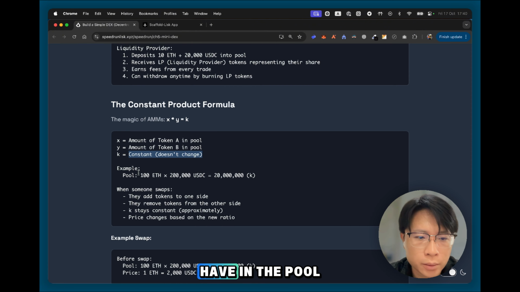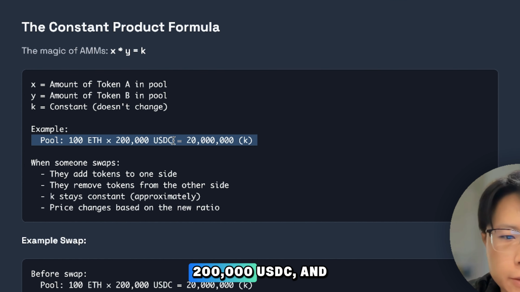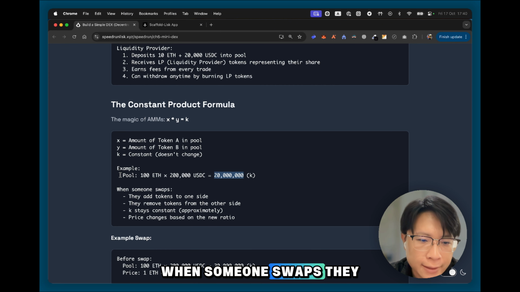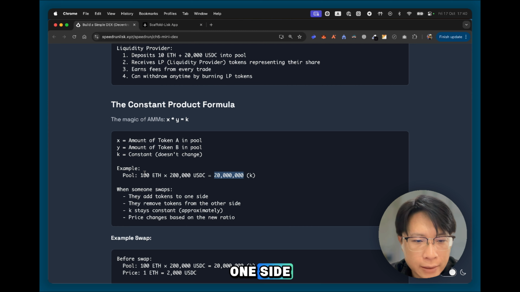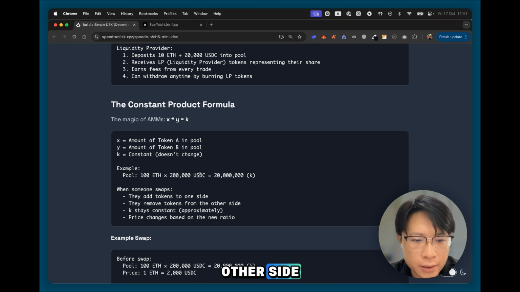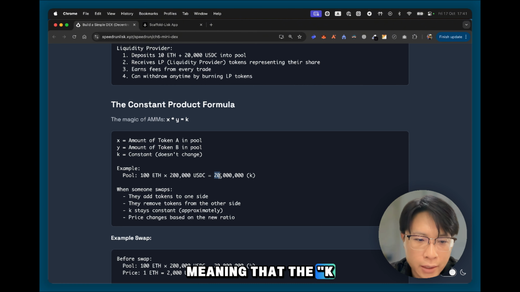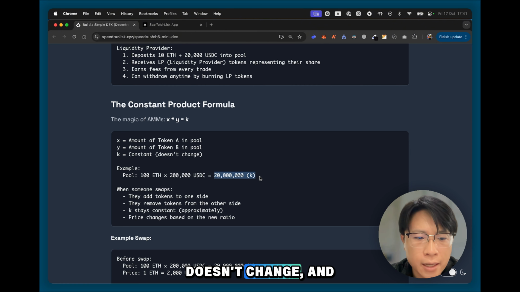For example, in the pool we have 100 ETH and 200,000 USDC, and k is 20 million. When someone swaps, they add tokens to one side and remove tokens from the other side, meaning that k stays constant, and the price changes based on the new ratio.